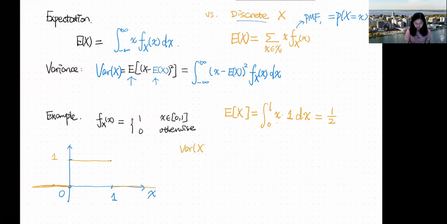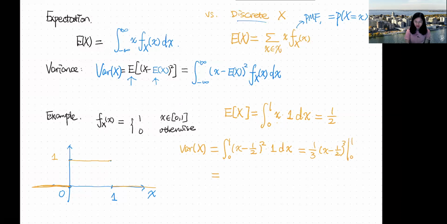The variance of x can be calculated in a similar way. Again, we can take the integral of (little x minus the expected value of x, which is 1/2) squared times 1 dx. And that should be 1/3 (x minus 1/2) to the power 3, evaluated from 0 to 1.